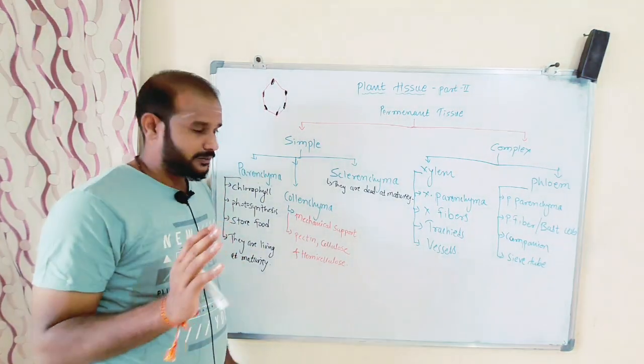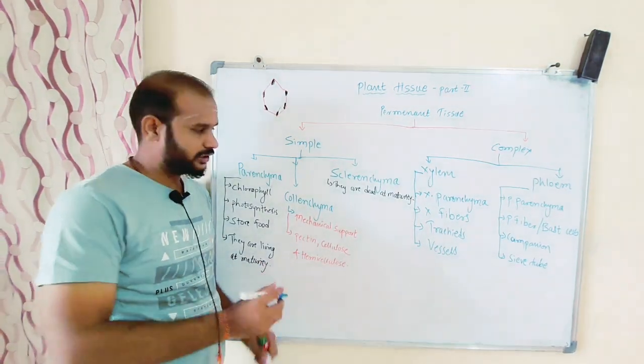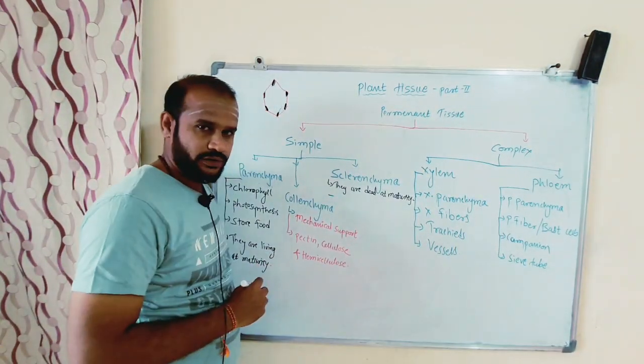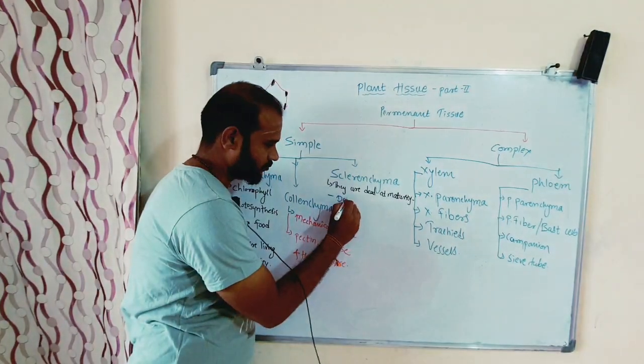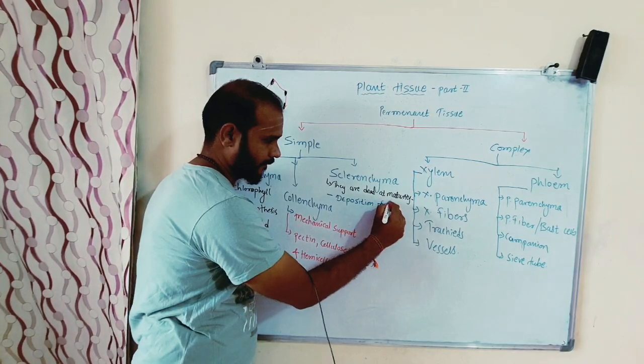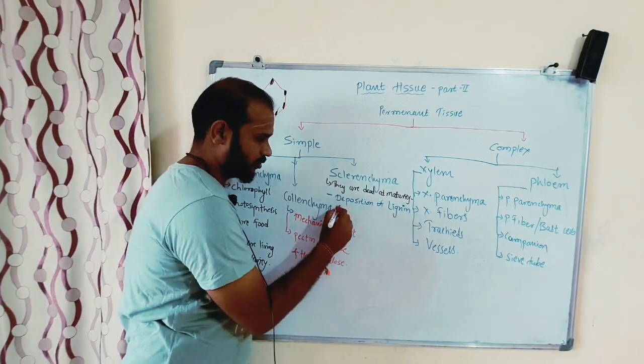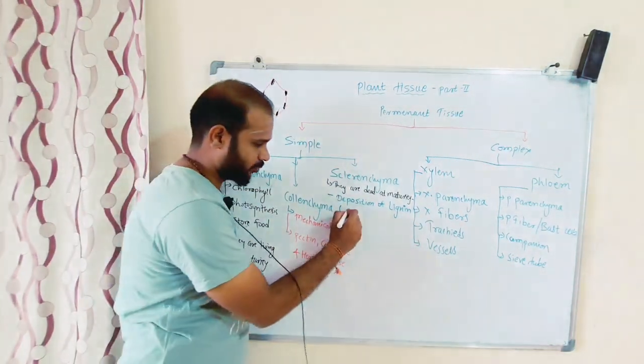Alright, sclerenchyma, they are completely dead at maturity. And one more thing, there is deposition of lignin, or you can say a lignified cell wall.